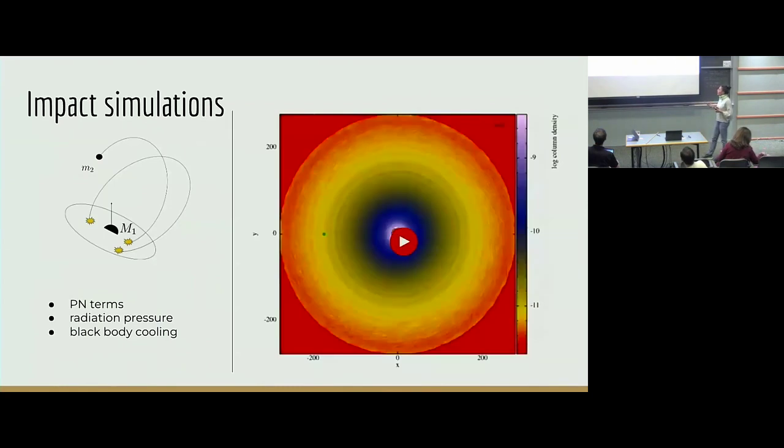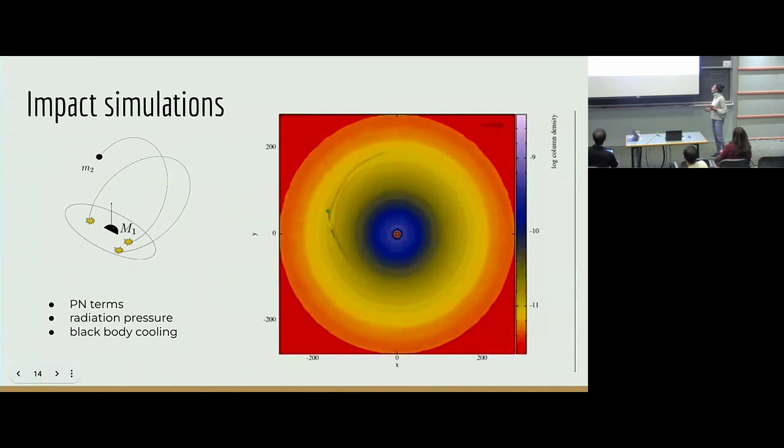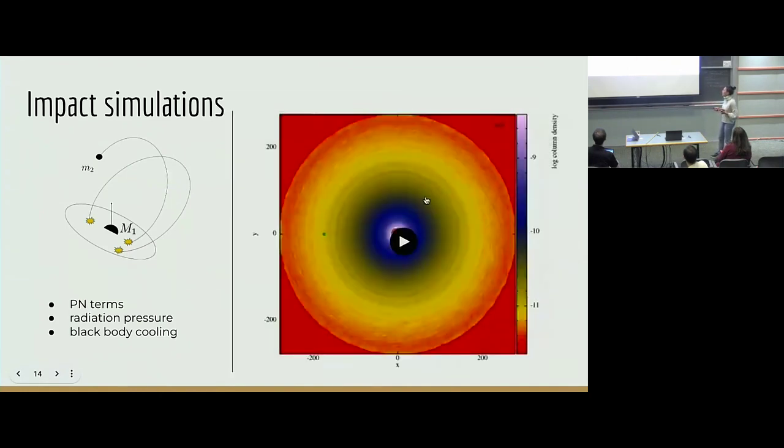So now we are looking into simulating the impact between a companion and a TDE-like disk. I'm not sure how to play this. Maybe like this, yes. So far we have simulated four impacts.